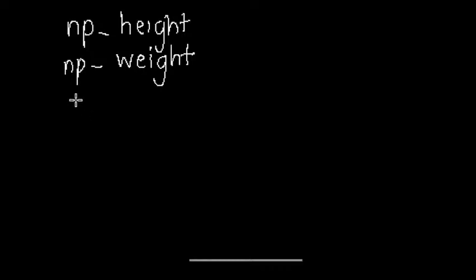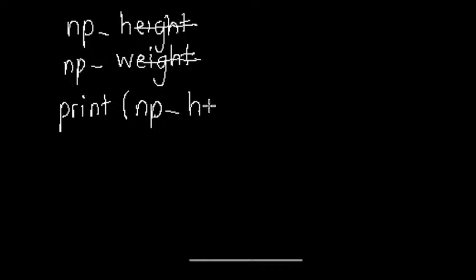Well, now we can simply say print, this is to get an output in the console, np_h plus np_w. So now we can quite simply add them together, or we can work out the mean.